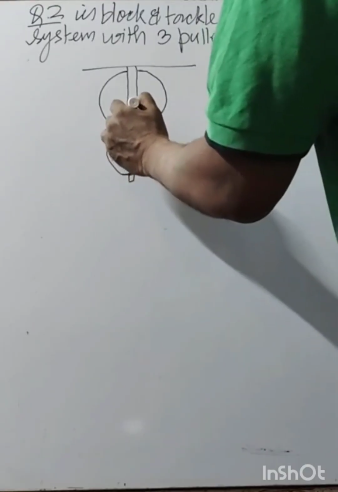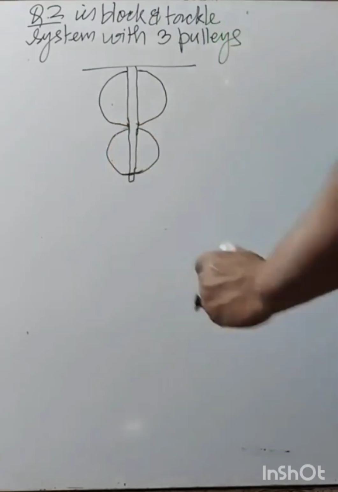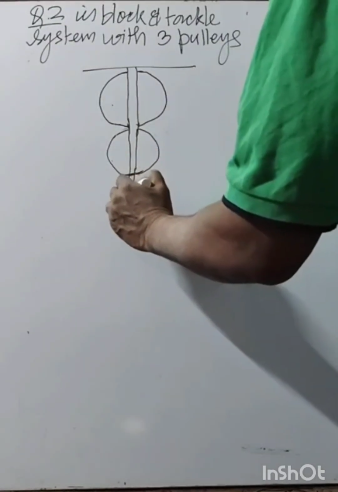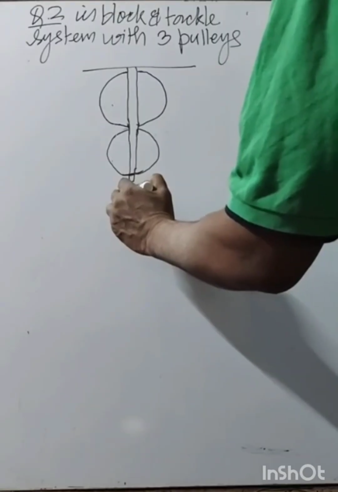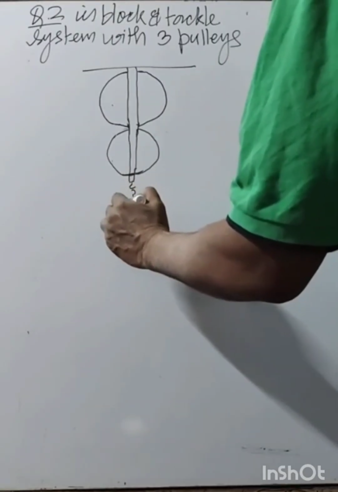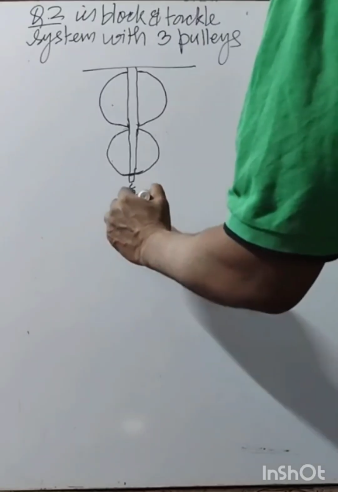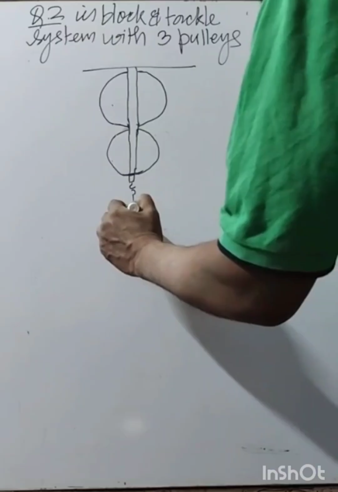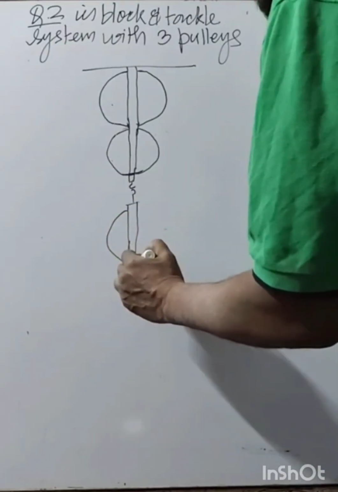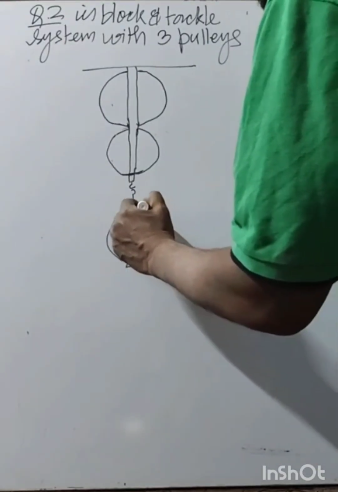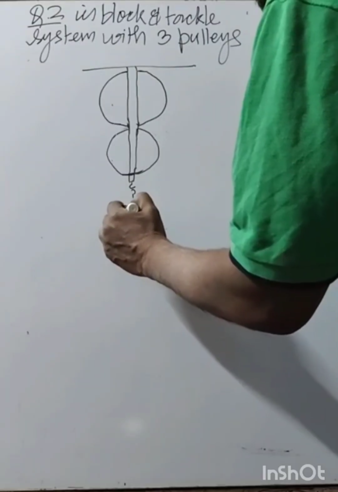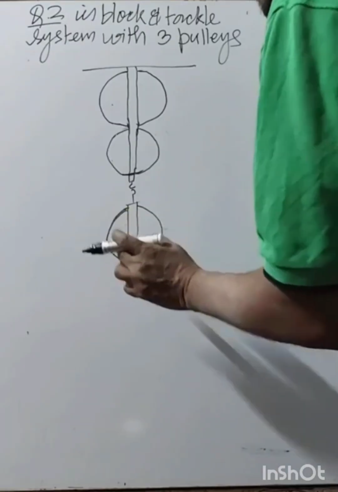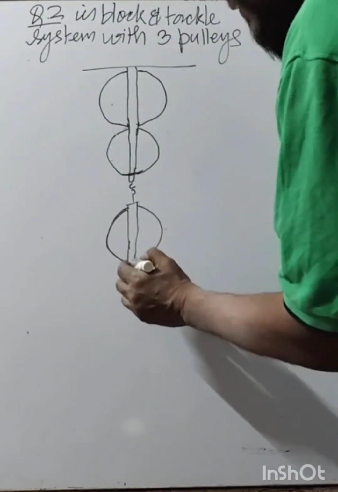This is block and tackle system, right? And here is also a pulley, a block and tackle system of 3 pulleys. So there is one more pulley here. Okay, there is a load.